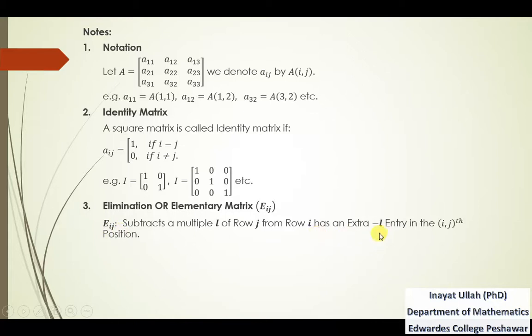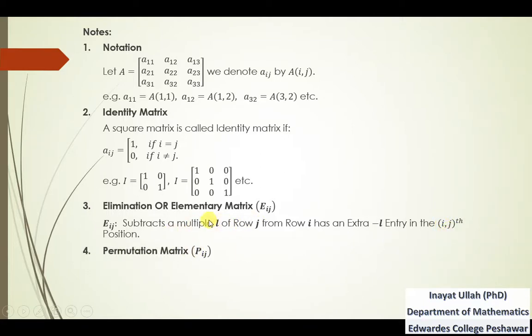It has an extra minus L entry in the ij position, that is, in the ith row and jth position.